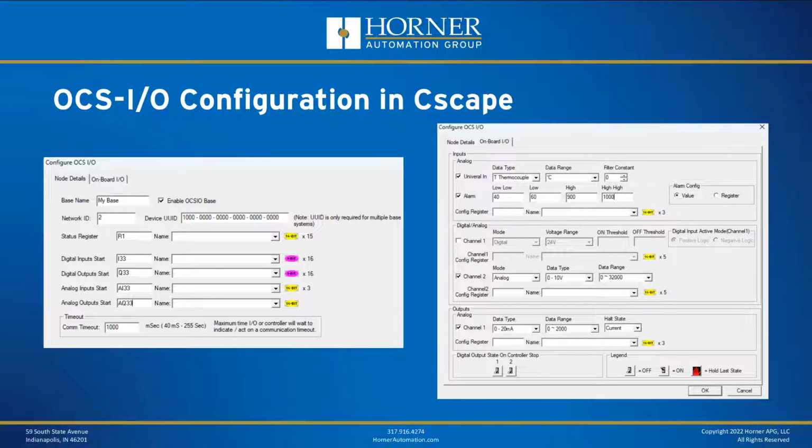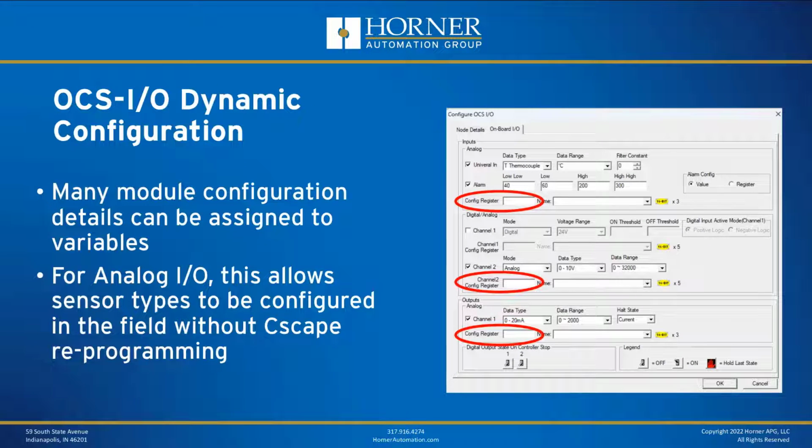Now on the right there, we're showing some of the details for the built-in IO in the base, for instance, and the fact that you can configure the inputs for the universal input, for the flexible input. So there's a variety of different settings there, obviously, for that built-in IO. And then the next thing I'll highlight is the fact that you don't have to necessarily fix the sensor types or the analog types for your configuration in Cscape.